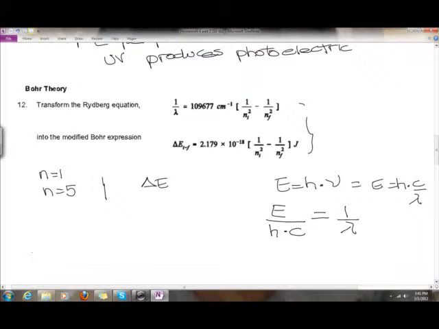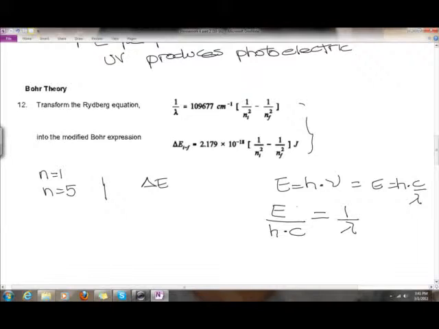So the final energy minus the initial energy, the energy of a photon emitted by an electron going down to a lower energy level, is going to be 1 over lambda.